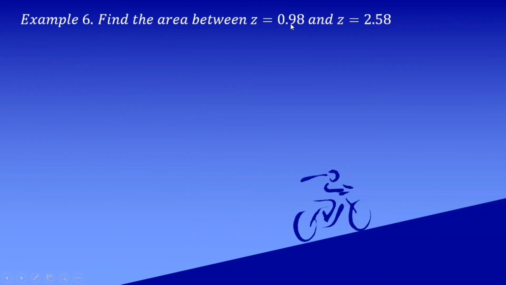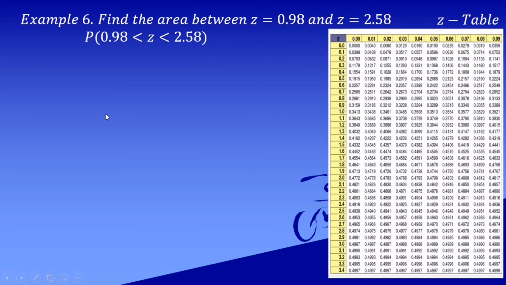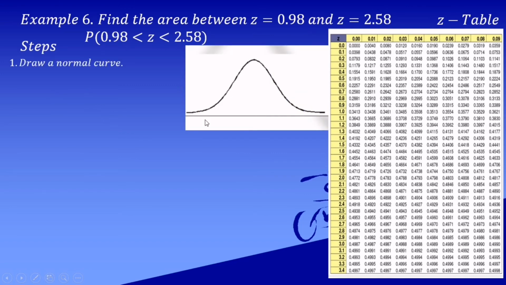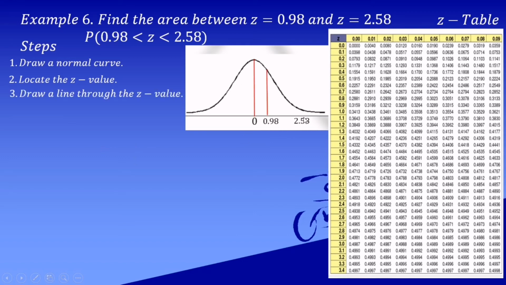For example number 6, find the area between Z equal to 0.98 and Z equal to 2.58. So we have here the probability notation: 0.98 is less than Z and Z is less than 2.58. So first step, draw a normal curve, then locate our Z values. We have the specified values of Z, which are 0.98 and 2.58.